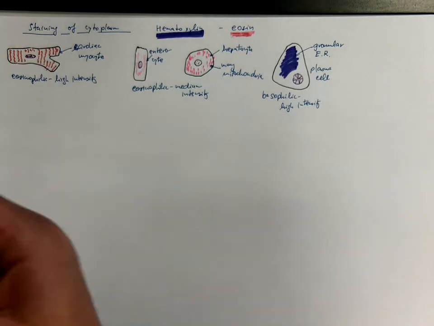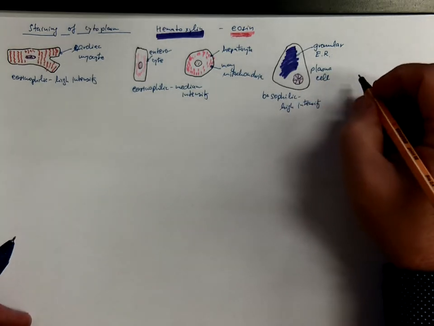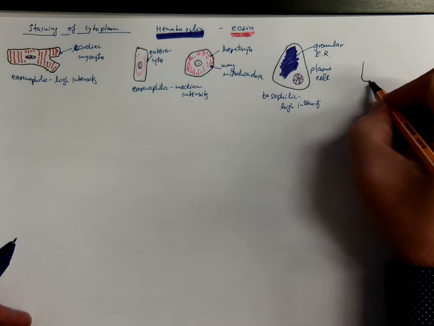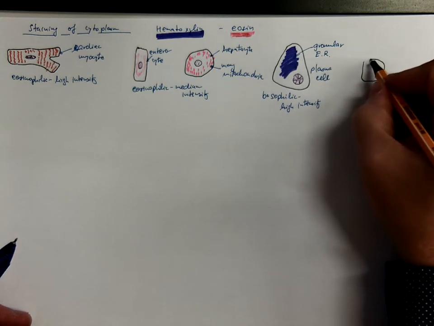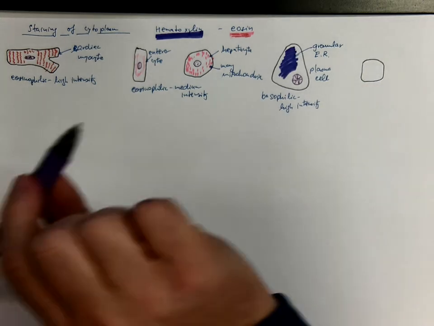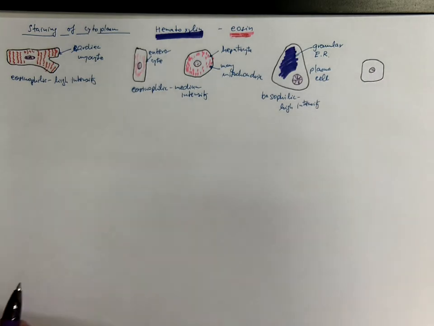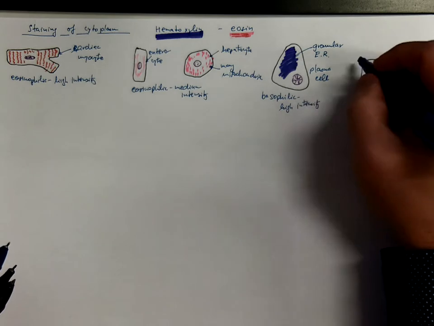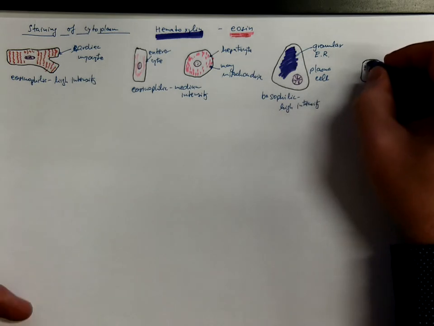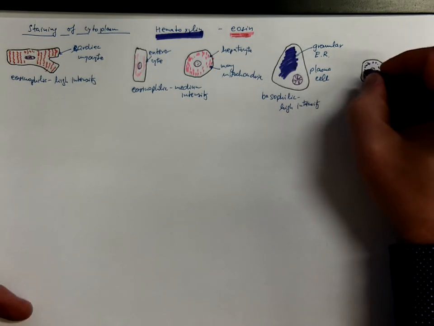Another example of a basophilic cell, but this time with medium intensity, could be, for example, the cell of membrana granulosa, which is one of the layers of the growing ovarian follicle. Right?